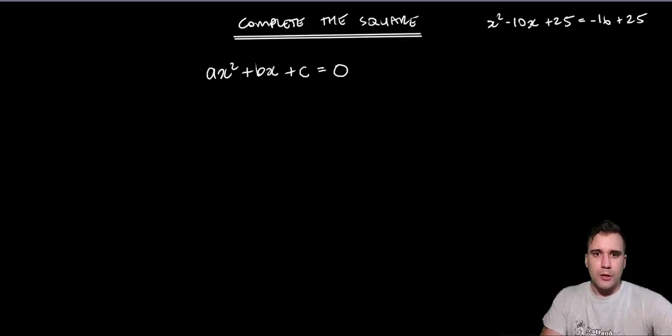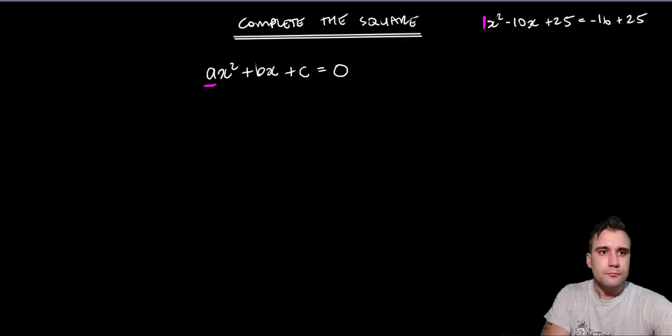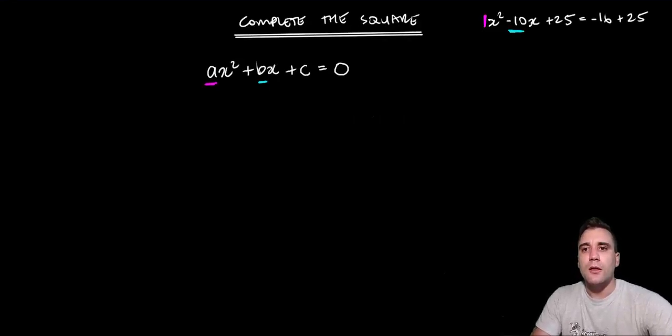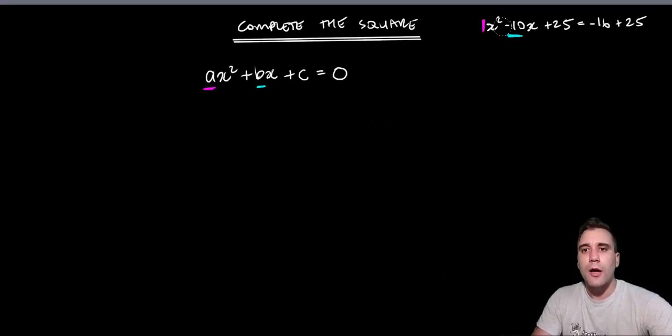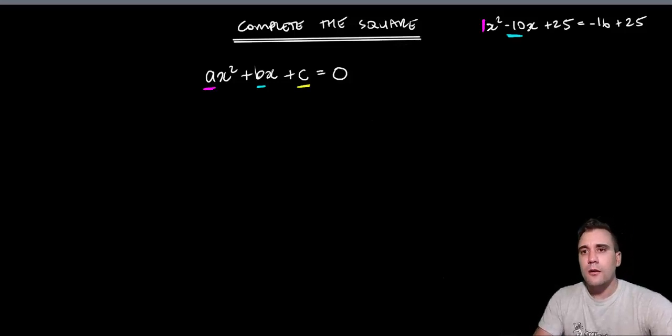In this case, this a here would be a 1. This b is going to be this minus 10. Even though it says plus b, that b can be a negative number, which it is in this case up here in the top right. So the minus 10 is the b, and the c is really all of this stuff here.